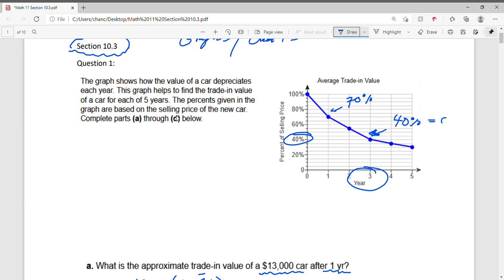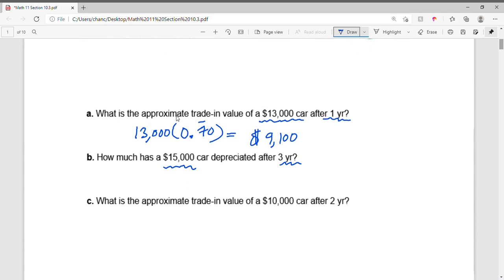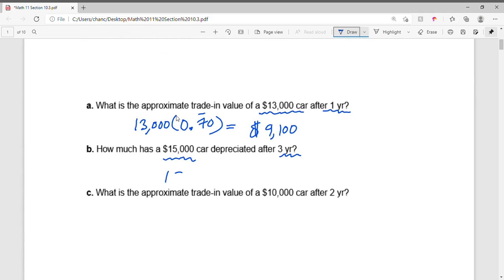That's equivalent to 0.40. And again, all we have to do is take our original value, which is $15,000, and multiply by 0.40. And this gives me a value of $6,000. So in 3 years, our car is only worth $6,000.